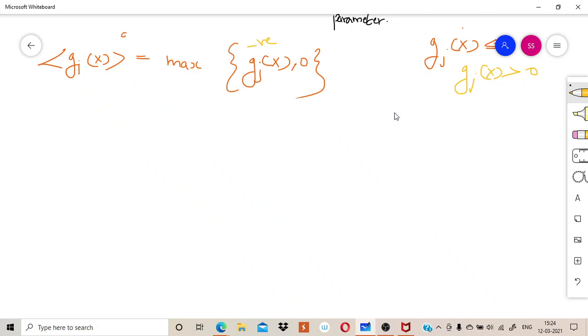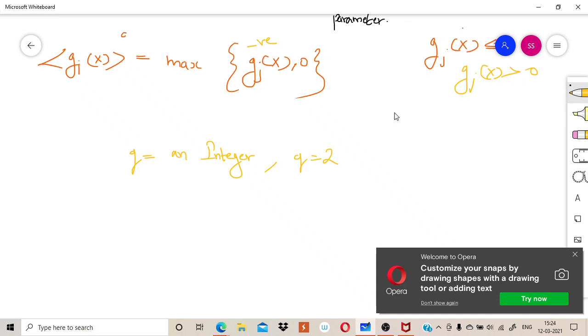And this q is again an integer, and in our case we will take q equal to 2. Okay, that means square only we will take.